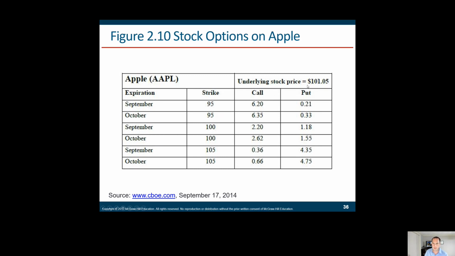So let's look at what this says here. If the stock is trading at 101.05, you can buy a call option, right, for $6.20 that it's above $95. So the call option is going to cost you $6.20 plus the 95, so that's $101.20 to buy that call option.